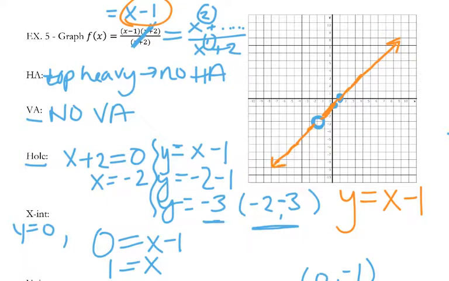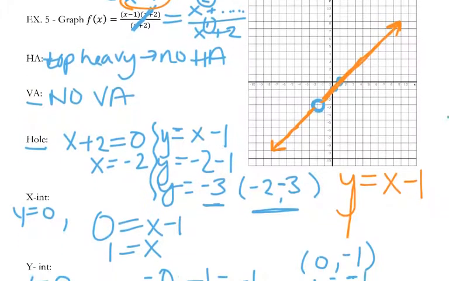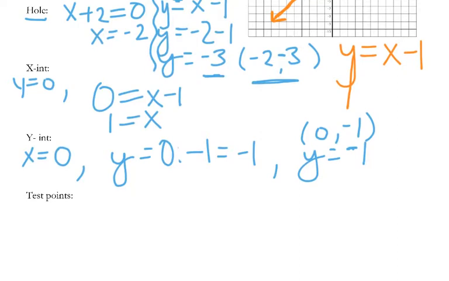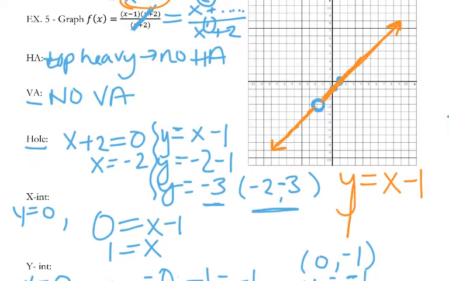So this is technically a rational function, but because of the way it's simplified, it ends up looking like a linear function, but with a hole in it. So that is example 5. We don't need to test any points, but if you want to find other points for the graph, you can.